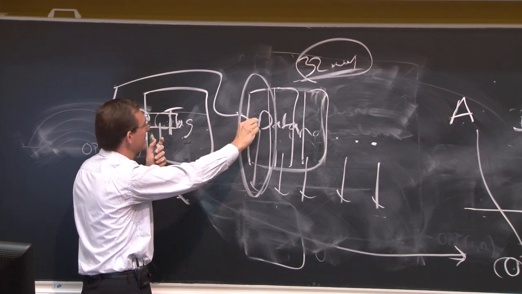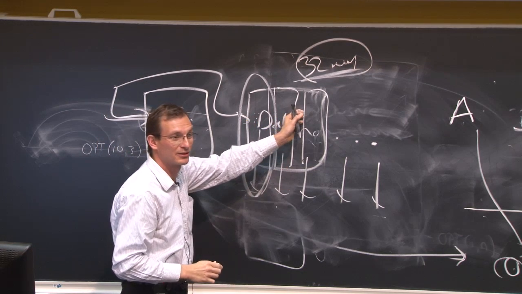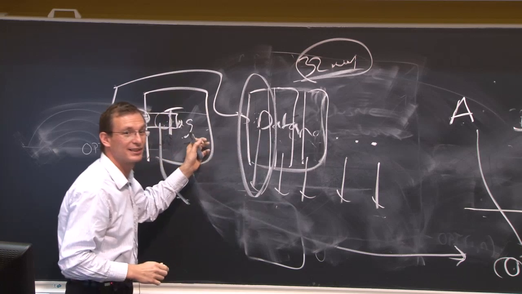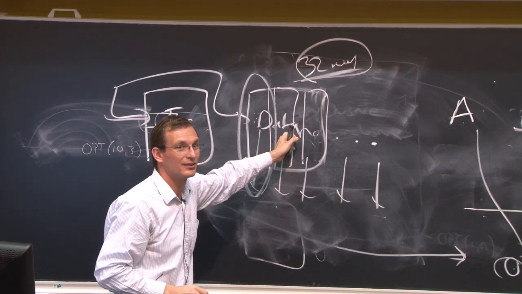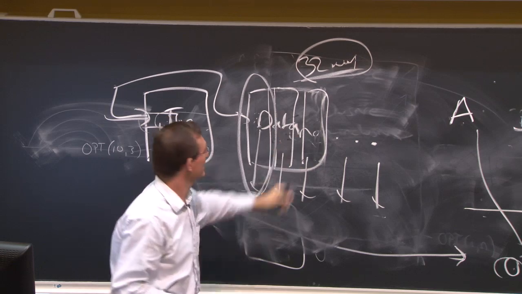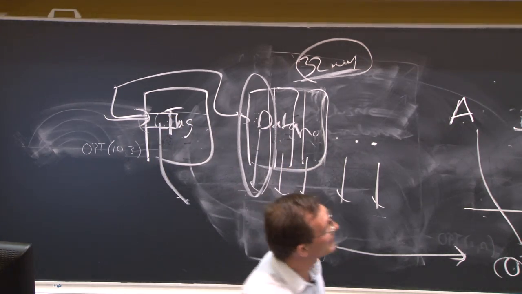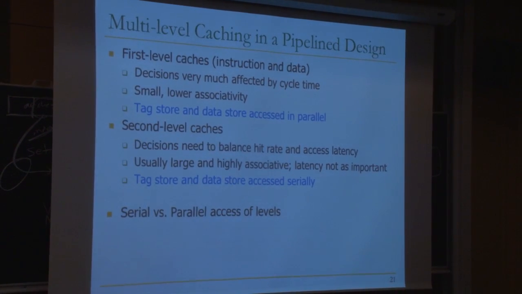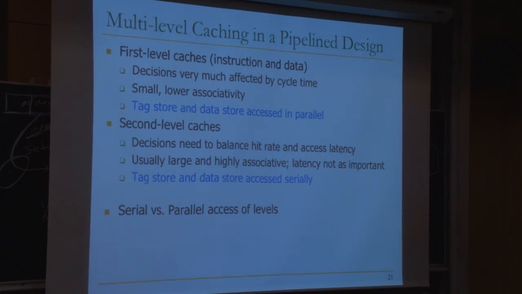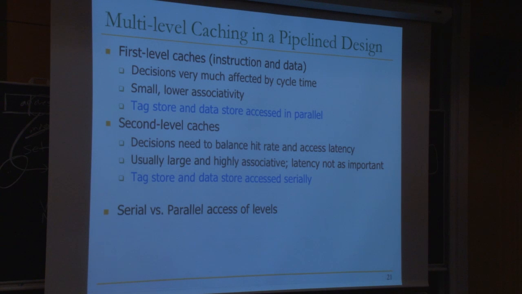And if the block doesn't exist, then you don't even need to access the data store. That's the advantage of serial access. Make sense? And this is done usually in second-level caches and beyond, third-level caches. Most processors today have this serial tag store and data store access because access latency is not as critical there, and power is very critical.